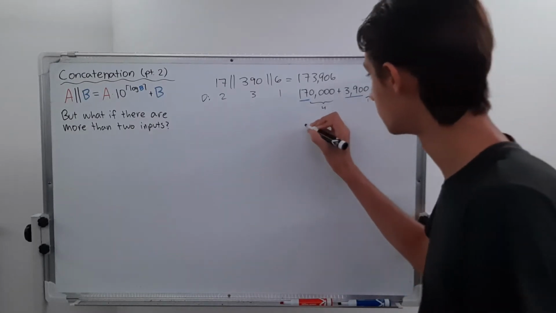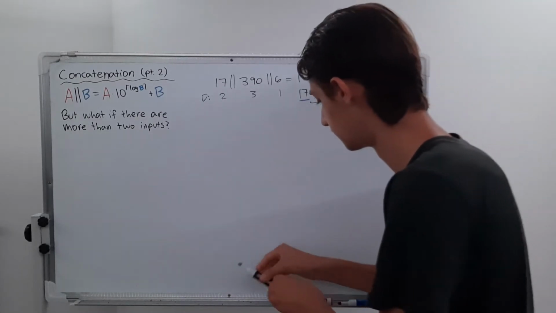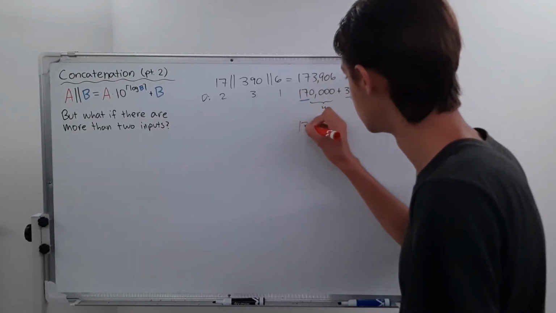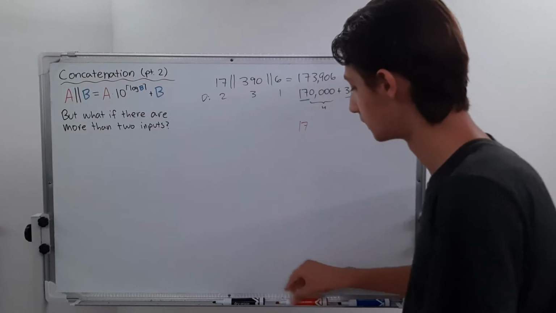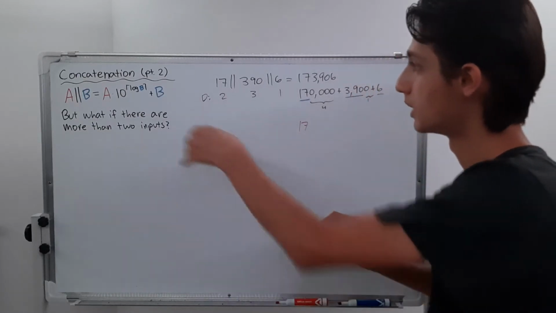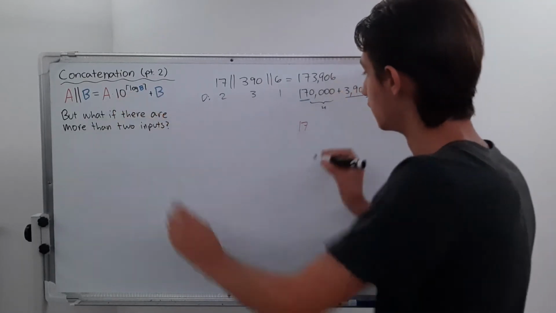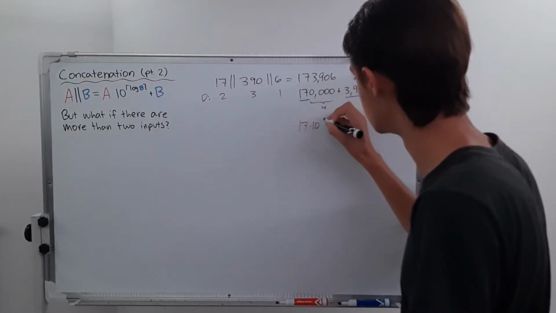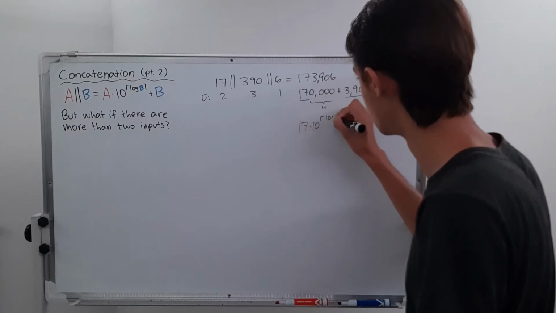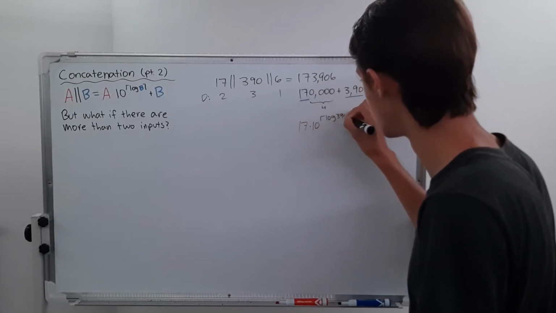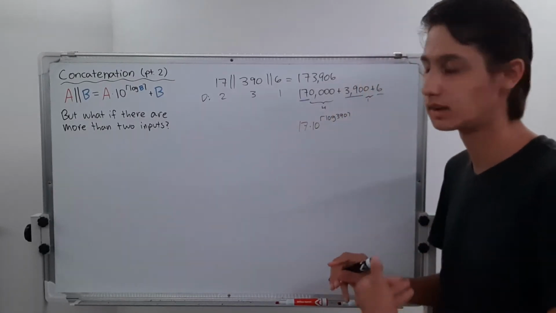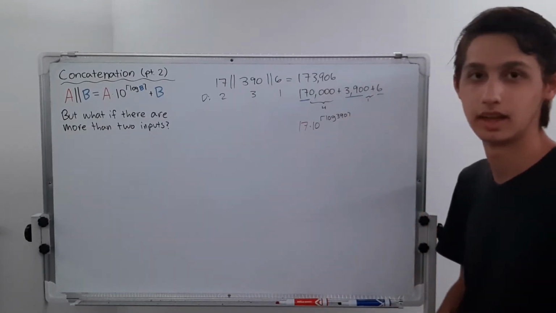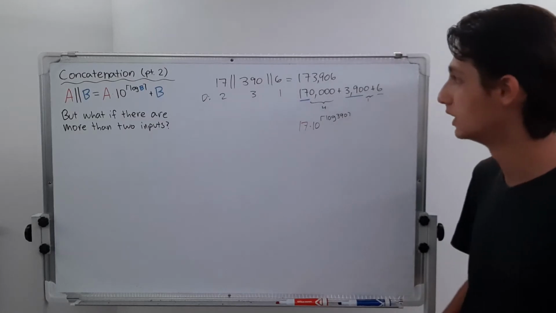So we take the 17, which is our initial number. Let me do this in red here. 17 is our initial number, but then we multiply by 10 to the ceiling of log 390. But that's only going to give us 3, because this is a 3-digit number. We need 4.